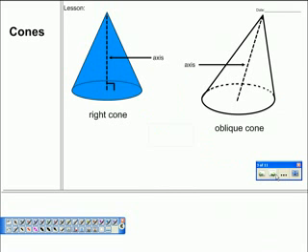So those are the cylinders. Cones. Just like with our cylinders, there are two different kinds of cones. Cones and cylinders are related. How are they similar? What's the base of a cone? Well, a cone has one base, and the base is a circle.